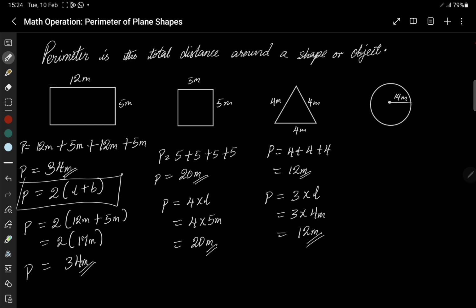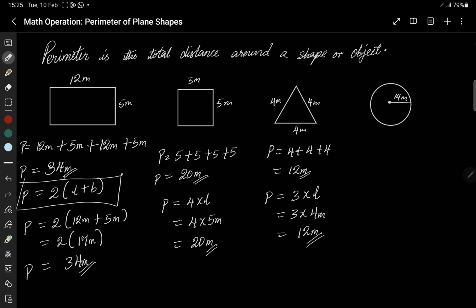Now for our circle, it's a different ball game, because if you look at the circle, it's just a continuous line, so it doesn't work with length and breadth like we have with these other shapes. So there's a particular formula you use in calculating the perimeter of a circle, and that formula is 2 times radius times pi, or 2 times pi times radius, whichever way you want to do it.